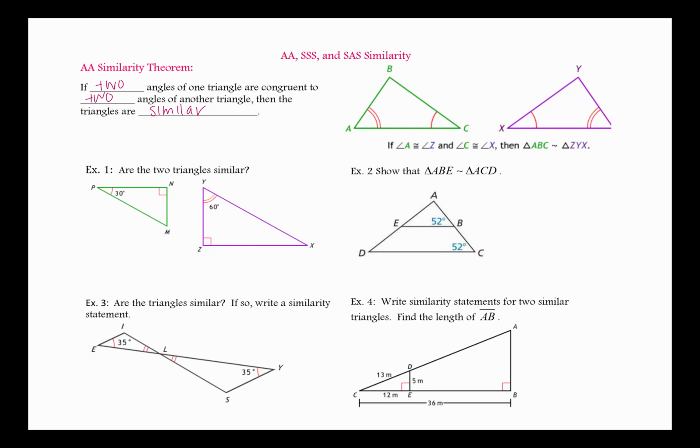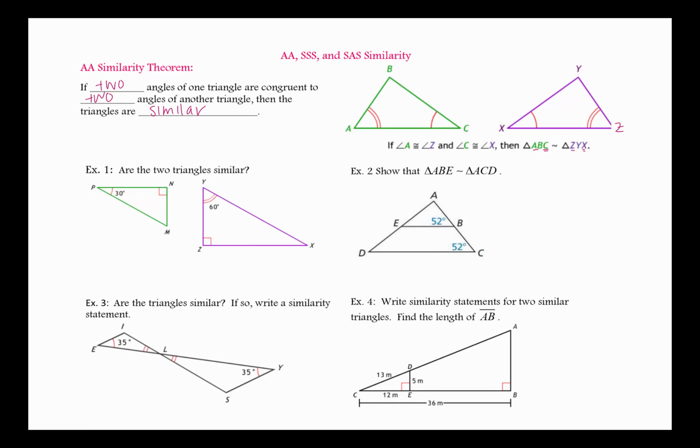So you can see over here, this is supposed to be a Z. So we have triangle ABC, so I know that angle A and angle Z are congruent, and angle C and angle X are congruent. So since I have two angles that are congruent, then I know triangle ABC in that order is similar to ZYX. So notice that the angles that are congruent correspond, and so you can see the order matters.